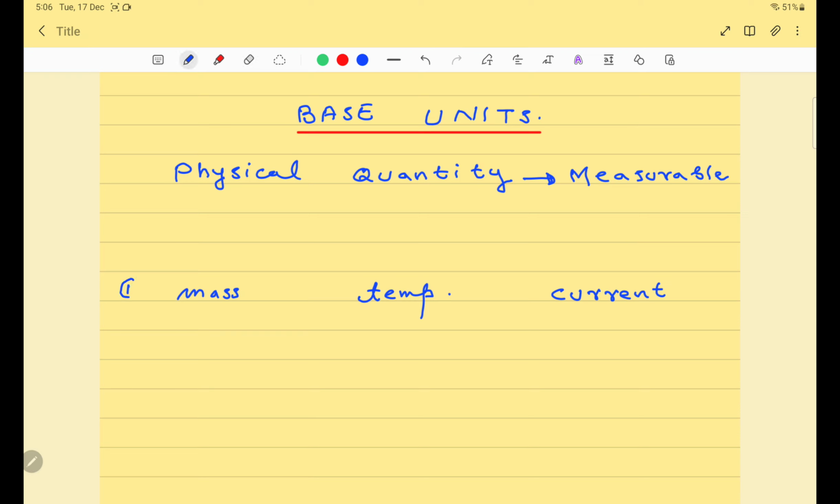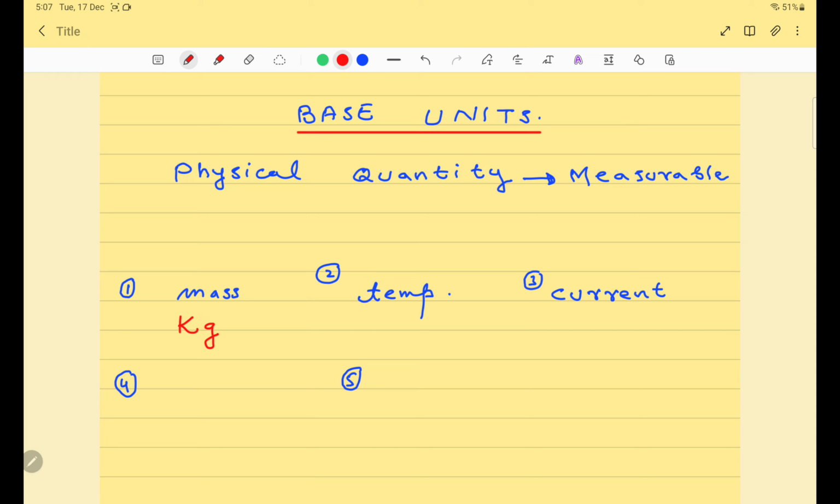And we have five basic physical quantities, and I want to ask you their basic units. So can you tell me what is the base unit of mass? It may be gram, kilogram, but what is the standard unit? The standard unit of mass is kilogram.